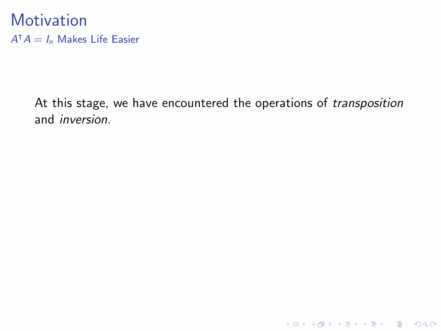At this stage, we've encountered two important operations. We've seen the operation of transposition, and we've seen the operation of inversion. Now, these two operations are different, but they have some things in common. For one, both operations are order reversing. So what does it mean to be order reversing?